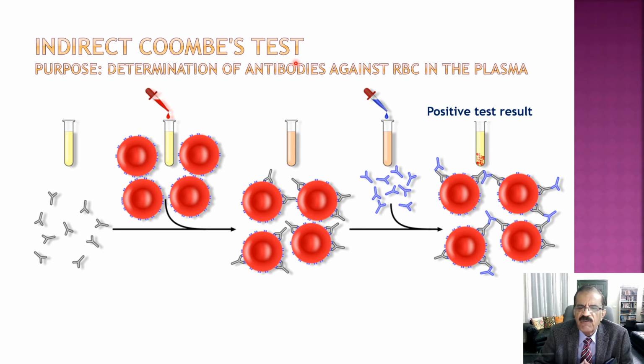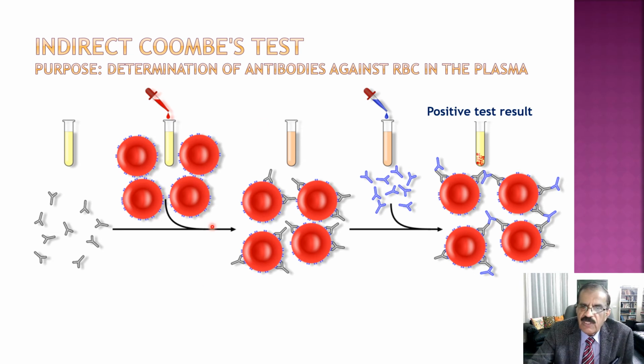Some RBCs from the fetus may enter the mother, and that will sensitize the mother's immune system to make antibodies. Now these antibodies will destroy those RBCs immediately, but antibodies may be detectable. So in that situation, we may be doing the indirect Coombs test on the mother to see if antibodies against the rhesus positive antigen are present.